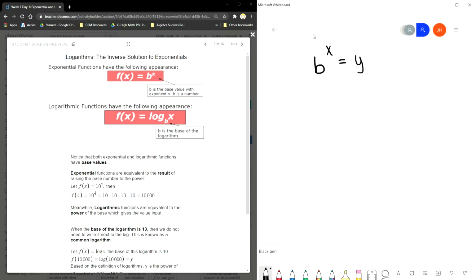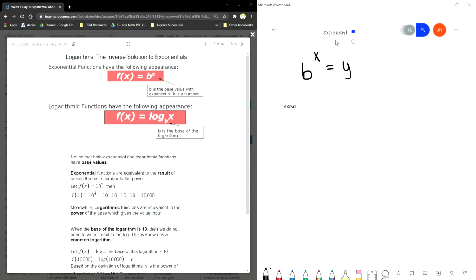What you'll notice here is that b is the base, and x is the exponent. So any exponential expression has a base that's being raised to an exponent.